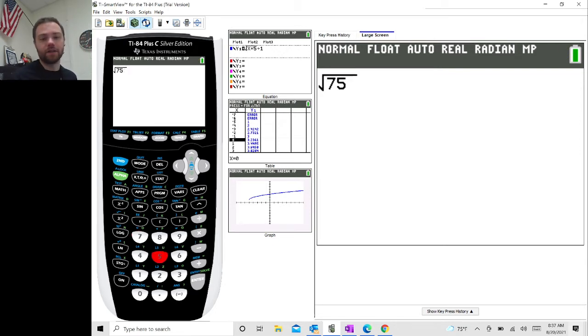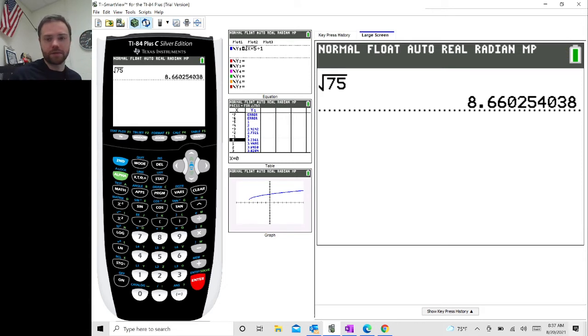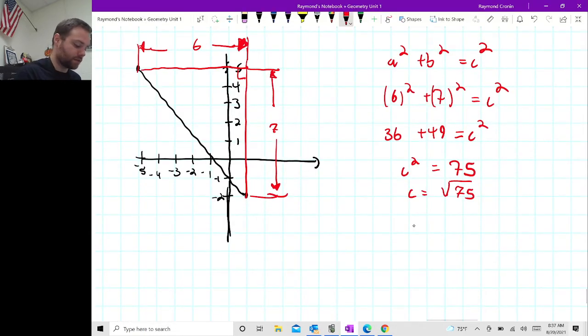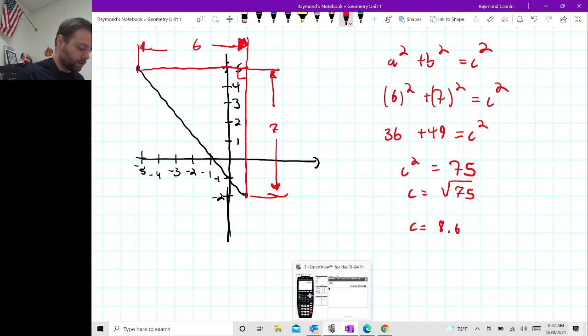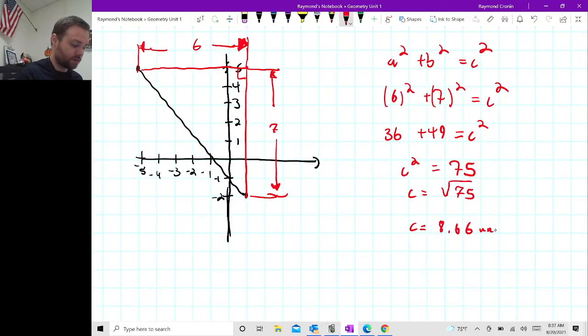And if you think about it, it's in between 81 and 64, so it's going to be about 8 point something. So you can kind of, 8.6. So you can approximate square roots like that. There's different ways to approximate. So c equals 8.6. And you can do 2 decimals, so 8.66 units.